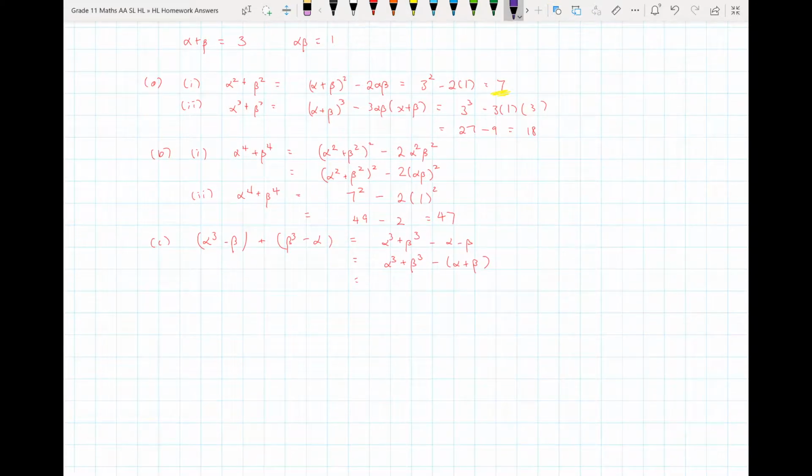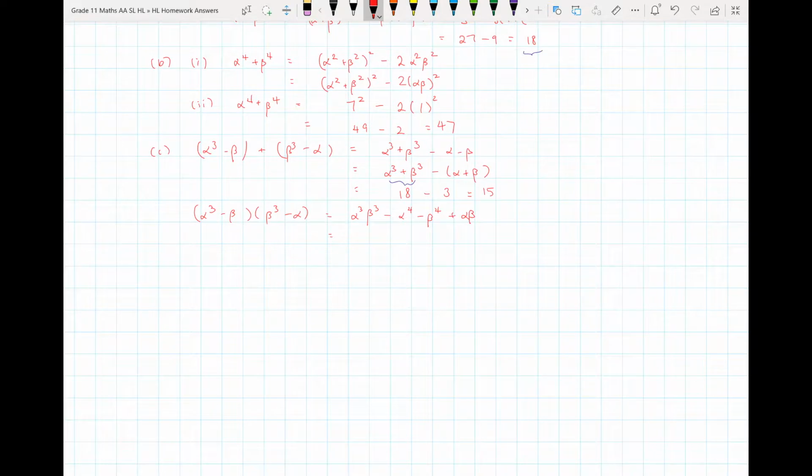Now this sum of cube is just this number here. And alpha plus beta is 3, so therefore this 15. The product expands to this. And let's just tidy this up.